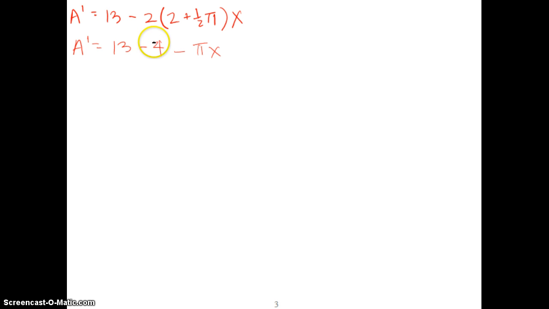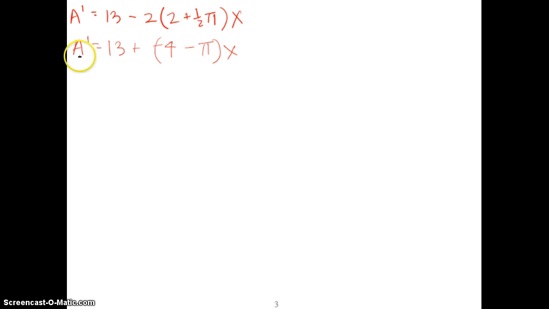And then, well, let's rewrite this. That's a negative here. So we've got 13 plus, and we'll call this negative 4 minus pi x. That's our coefficient.